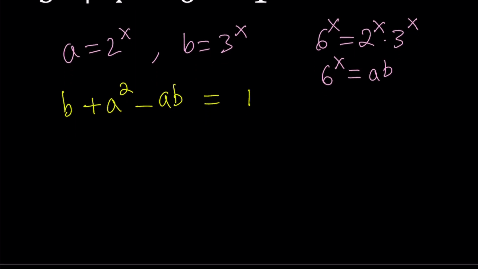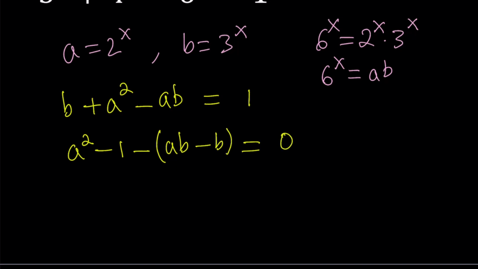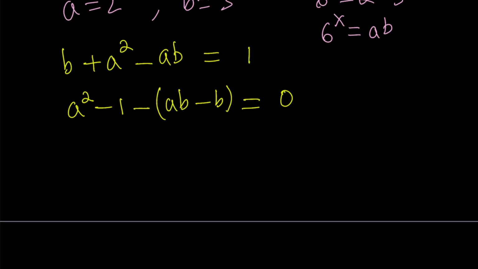So, to solve this equation, here's what I'm going to do. I'm going to put the a squared with the -1, and then put a minus sign here, and write it as ab minus b. And there's a reason behind that you'll see in a little bit. Now, a squared minus 1 is difference of two squares, so I can go ahead and factor it.